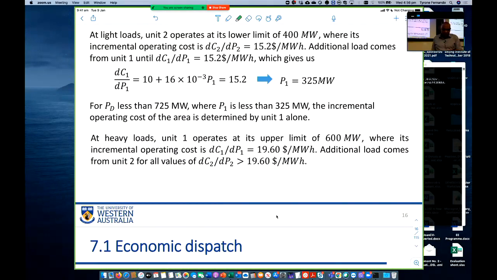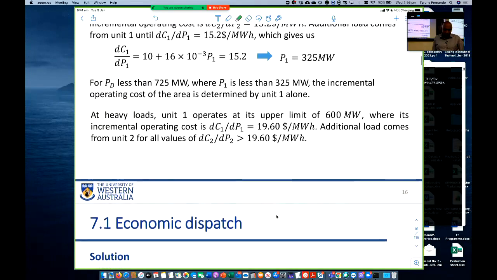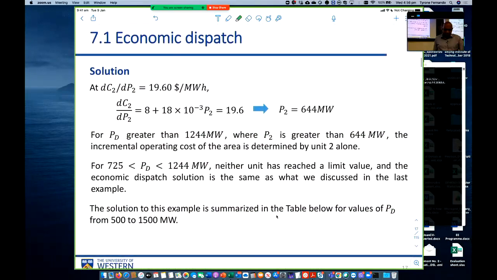So additional loads come from unit 2 until its incremental cost is 19.6. So the incremental cost is 19.6 when P2 is 644 megawatts.